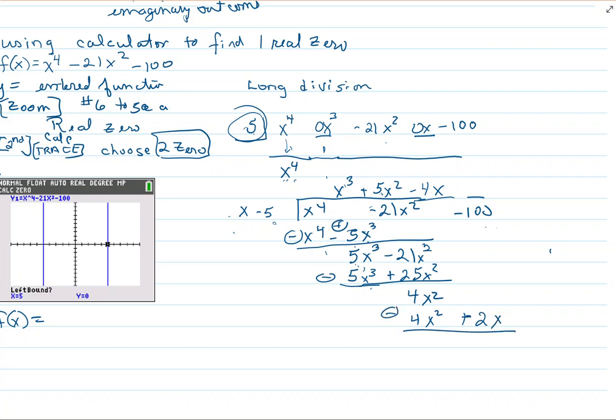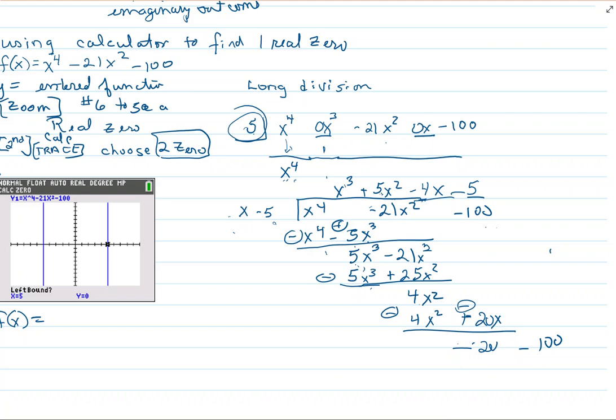Draw my line, change my signs. And I've got a negative 2x and a negative 100. And let's see, this is 4. Right, this is 4. I did 4. Oh, 20. Sorry about that. That's a 20. So I'm going to do negative 5.